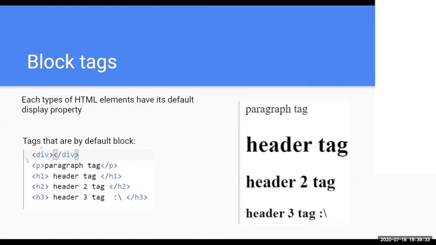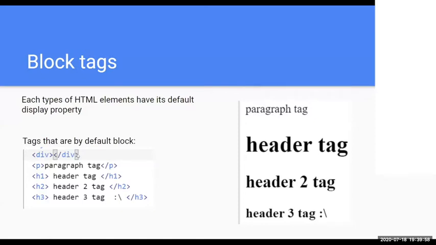Those are the elements that by default are block elements, which means they will always start on a new line. We have div here. I forgot what div stands for, but it's usually used as a way to contain a bunch of elements. So div, you can interpret it as a container. P stands for paragraph.